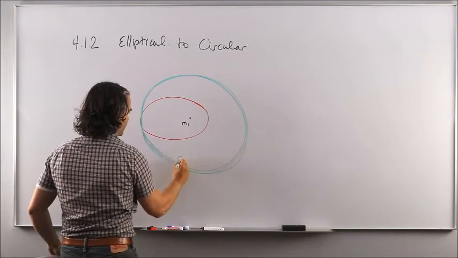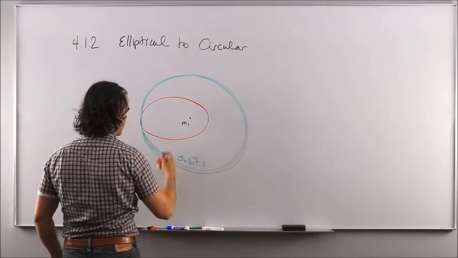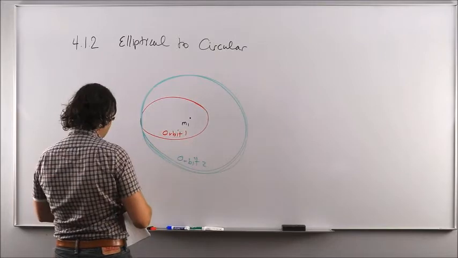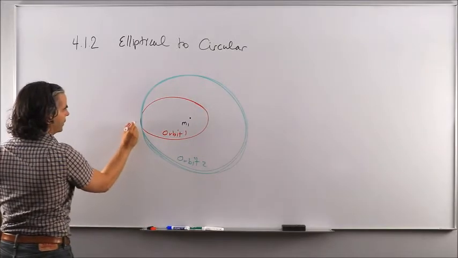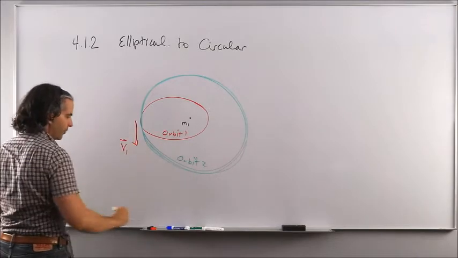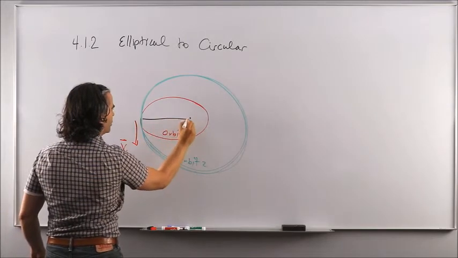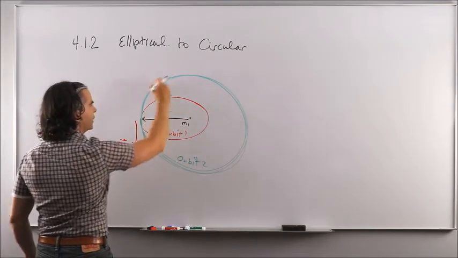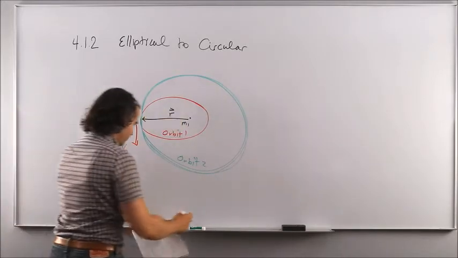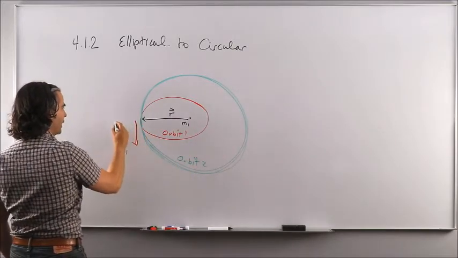So this is orbit 2. This is the final orbit, and that was the orbit 1, the initial orbit. Here you had some velocity vector at the apogee, right? Because we decided to apply the burn at the apogee to increase the energy and therefore end up with a bigger circle, then the velocity along orbit 2 at the same point has to be larger.